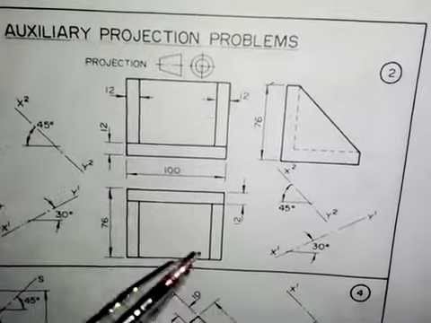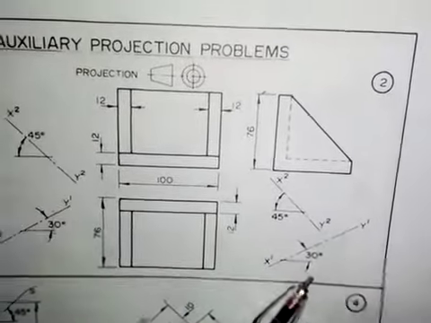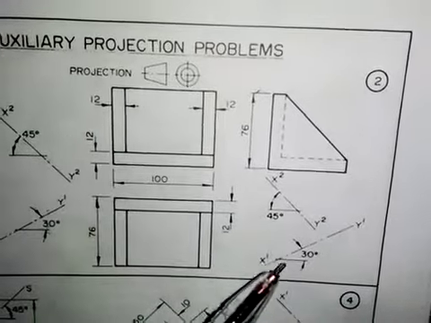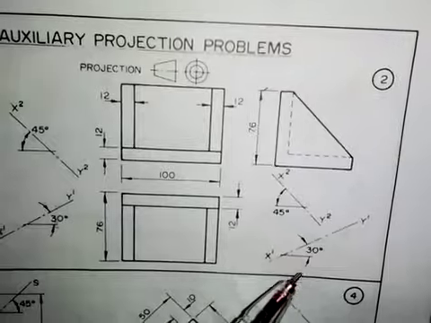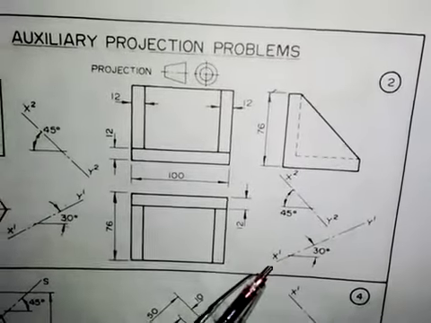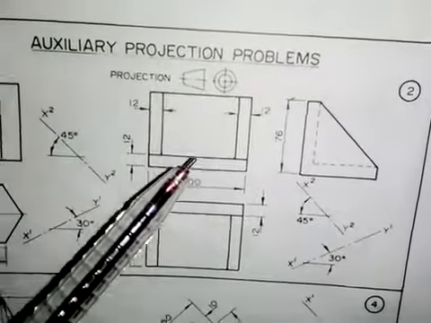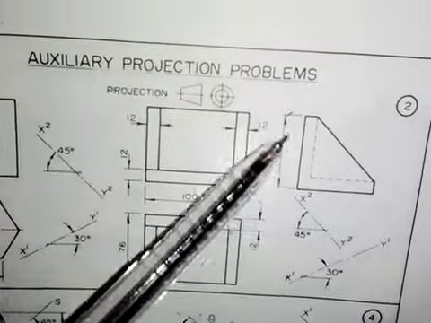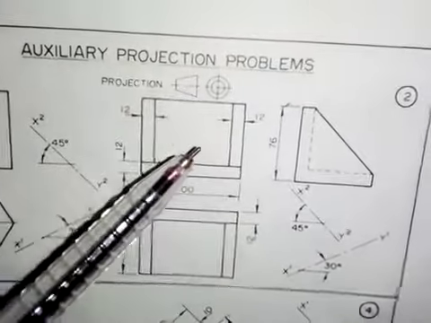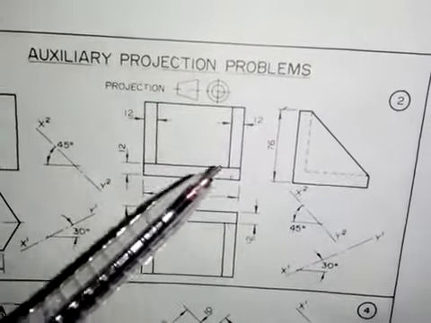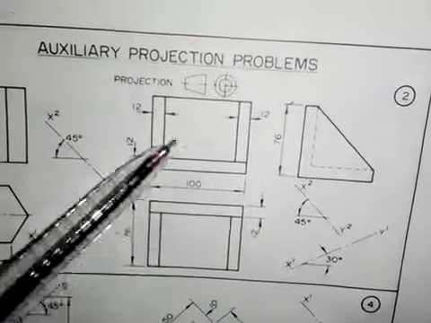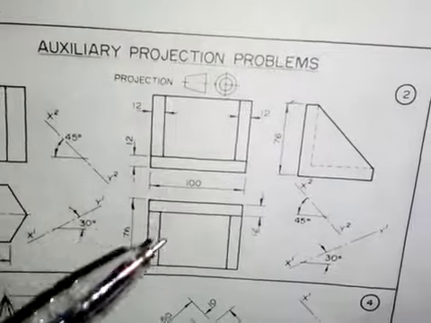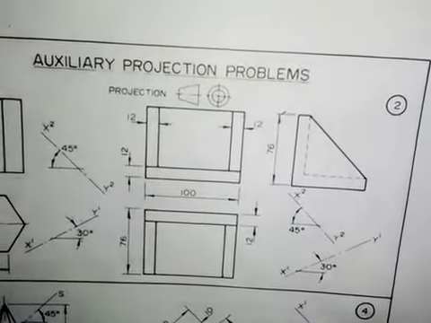As we have here, the first auxiliary plan is to be produced on this given plane x1 y1, which is inclined at an angle of 30 degrees to the horizontal. When it comes to the construction of auxiliary views, what you need to do first is to replicate the views that you are given, whether you are drawing the auxiliary plan or auxiliary elevation.